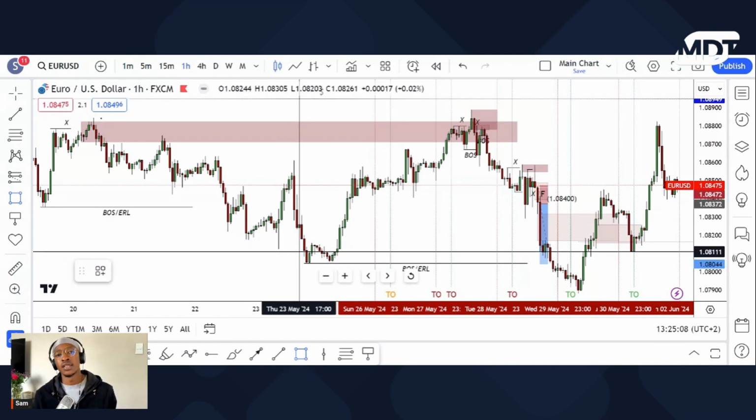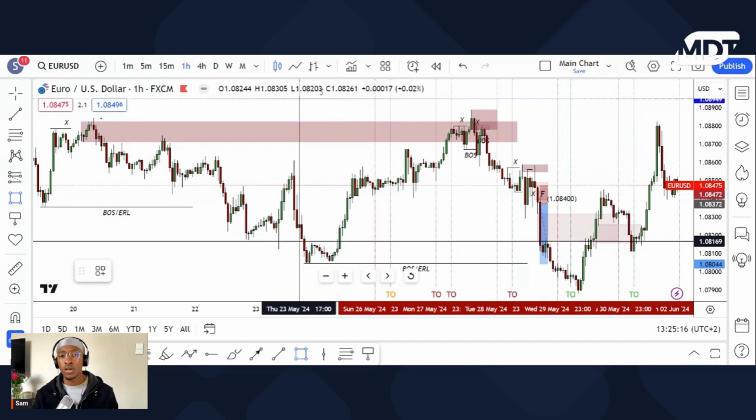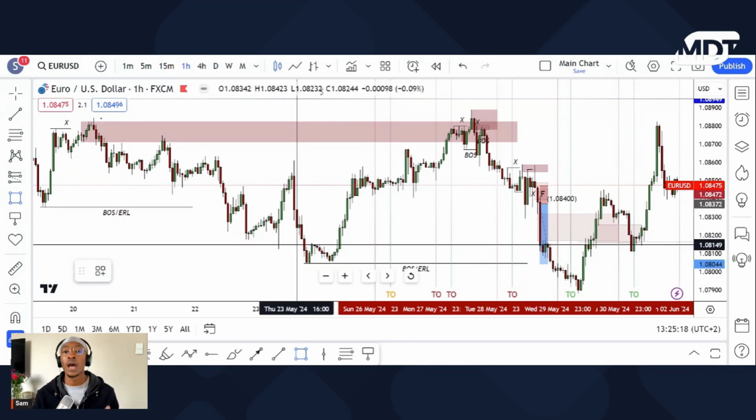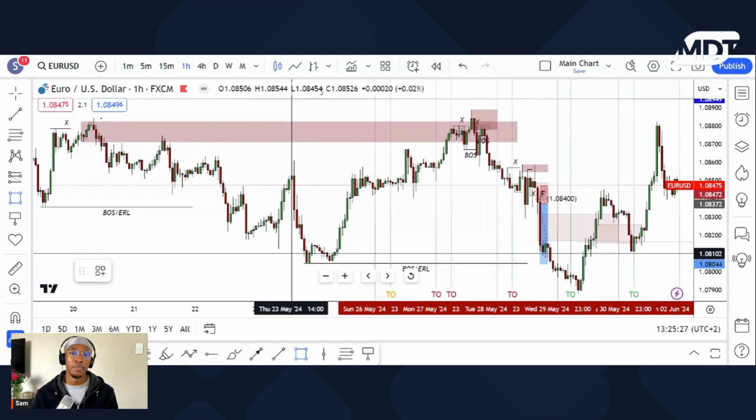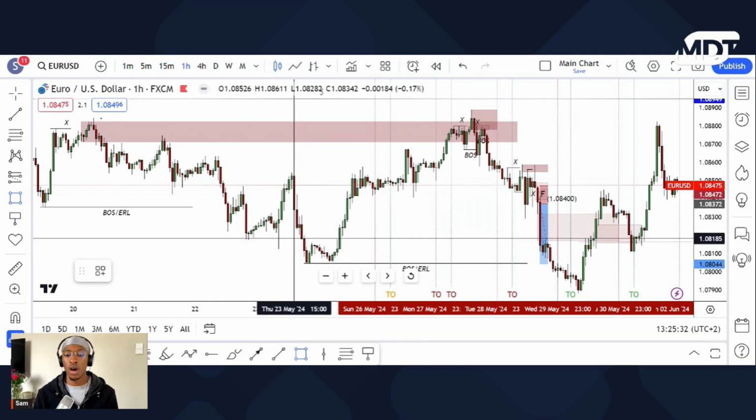And then there's an expansion or displacement in the intended direction after that first entry opportunity, which is where we get another consolidation, and then our second high probability trade opportunity, which is slightly more advanced, normally tougher to get into. But the market usually displaces quite heavily after this.